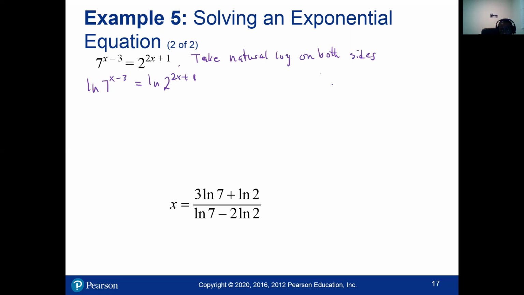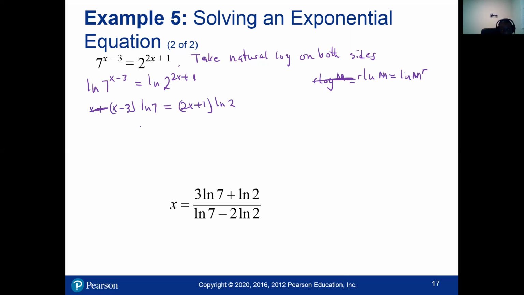If you have the natural log of m raised to r, it becomes r times the natural log of m. So then this is (x−3) times natural log of 7 equal to (2x+1) times natural log of 2.